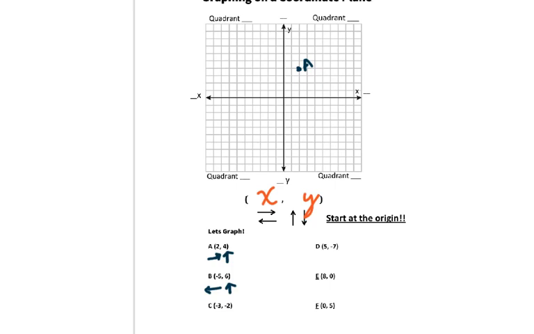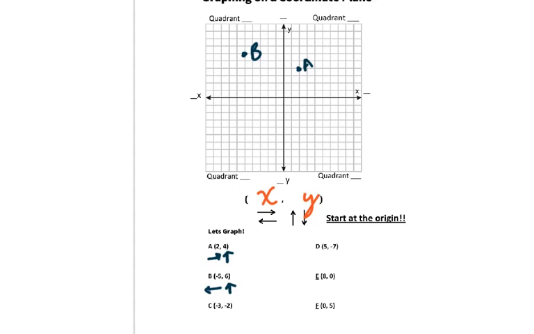So from the origin, we're going to count to the left. 1, 2, 3, 4, 5. Then we're going to count up 1, 2, 3, 4, 5, 6. And that is where we're going to put the dot for B.